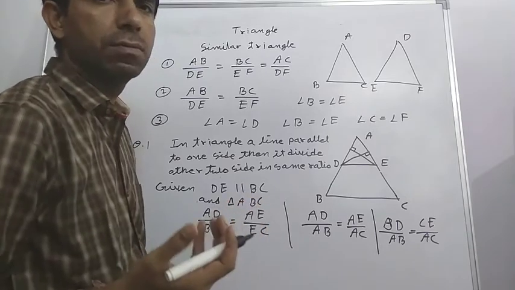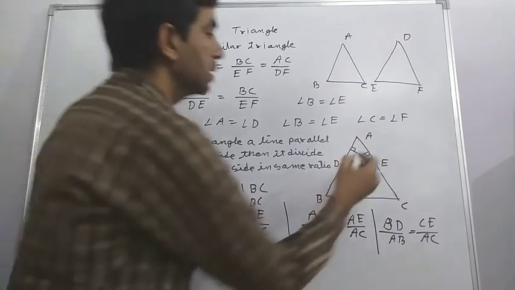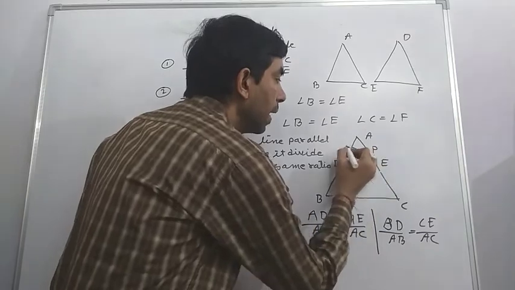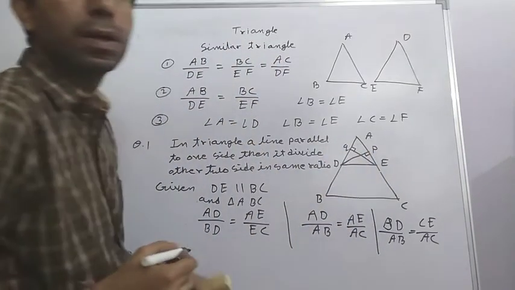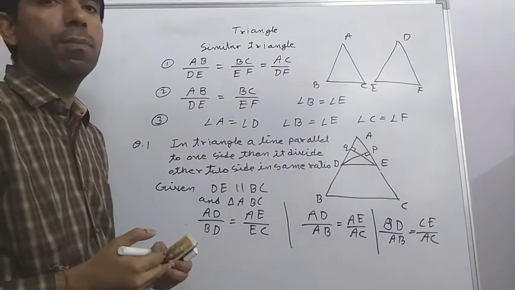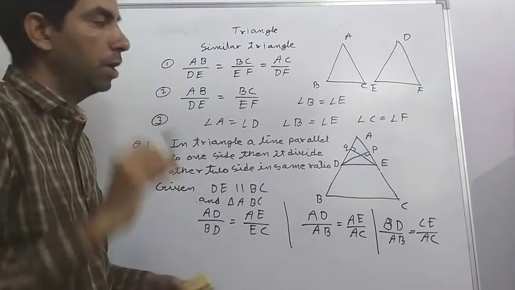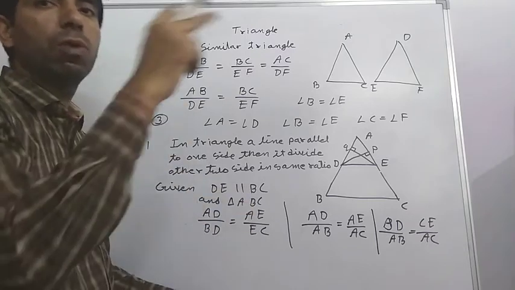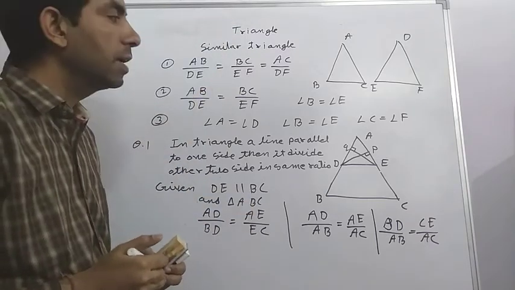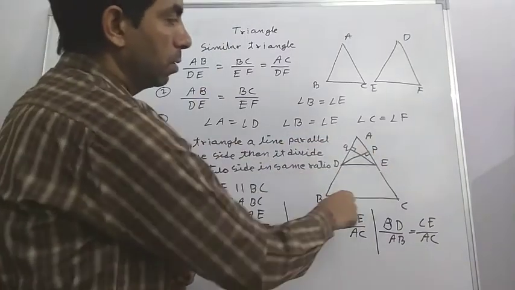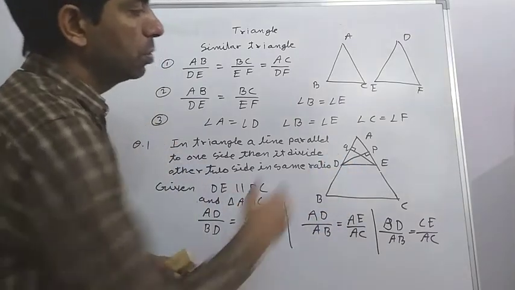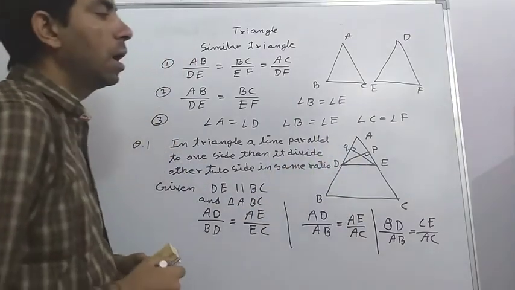We name them DP and EQ. They are perpendiculars from the intersection points to the opposite sides, and we make the drawing like this.